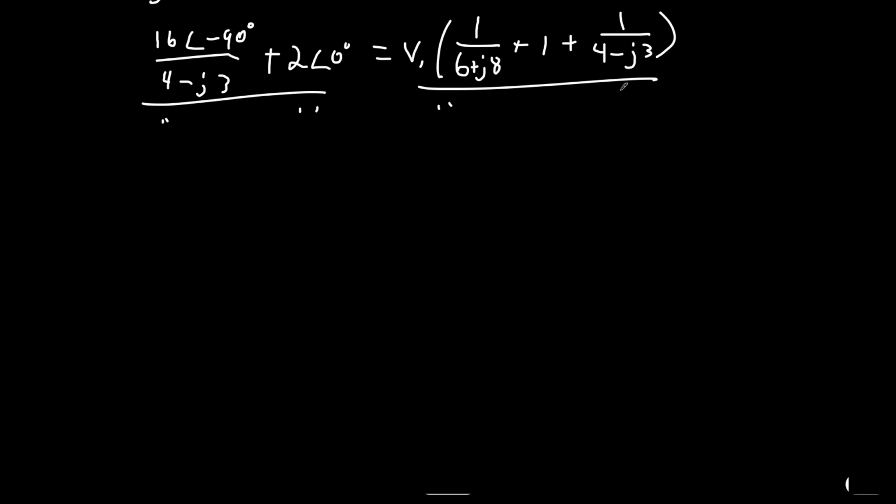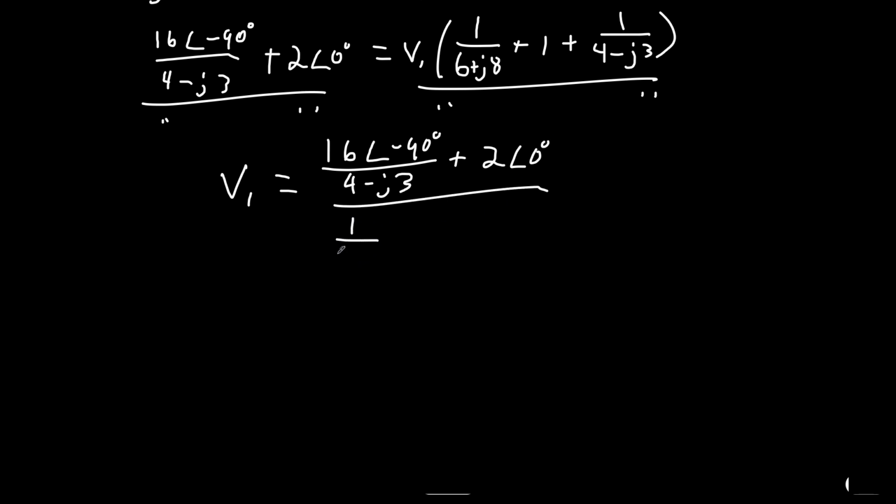We can just assume that we know that, and we can write our final equation, which we can write in our calculator, which will be 16 with an angle of negative 90 over 4 minus j3 plus 2, 0 degrees, all over 1 over 6 plus j8 plus 1 over 4 minus j3.